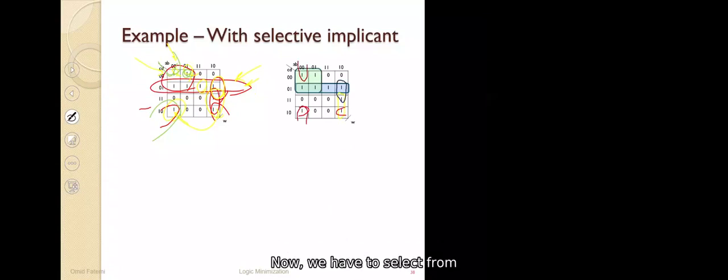Now we have to select from those implicants the ones that will cover all of the ones, and try to make it minimum. So we already covered 1, 2, 3, 4, 5, 6 ones with these two essential prime implicants. 3 ones are left.